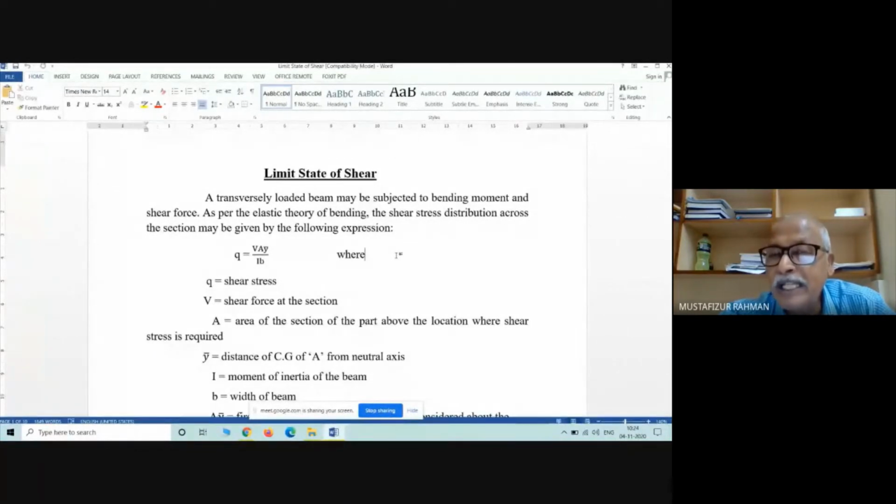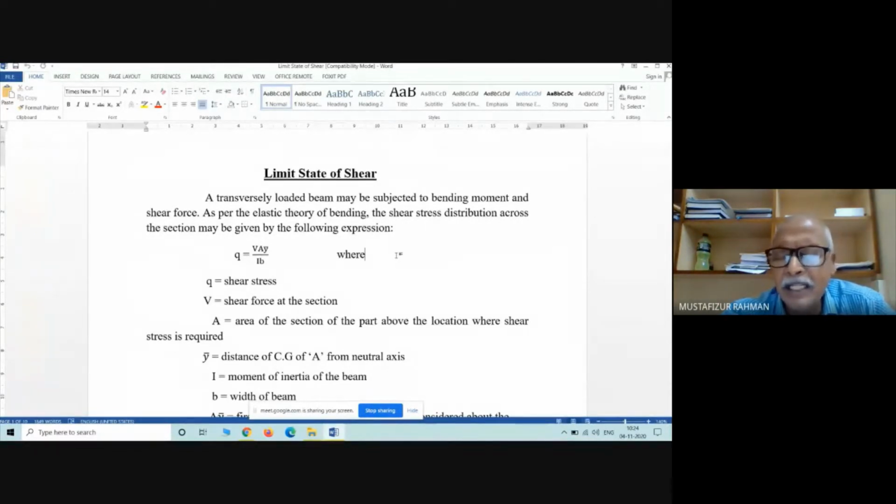If W is the intensity of the load acting throughout the span and L is the effective span, then the maximum shear force near the support is WL divided by 2, and gradually it reduces to 0 at the mid-span point. So maximum shear force is near the support, and from the bending moment point of view, the maximum bending moment is at the mid-span point, or somewhere near the mid-span point.